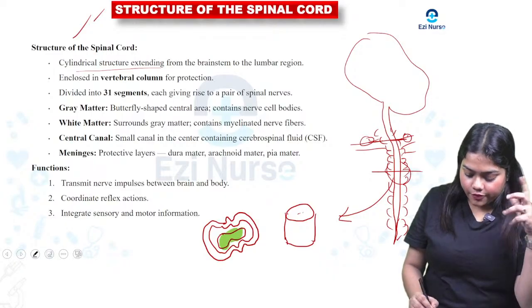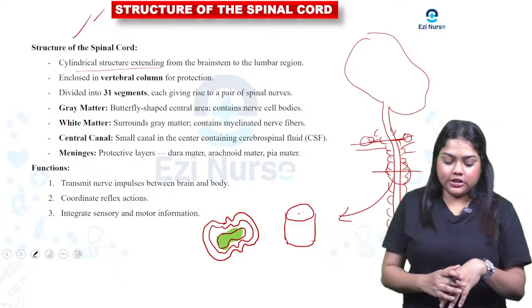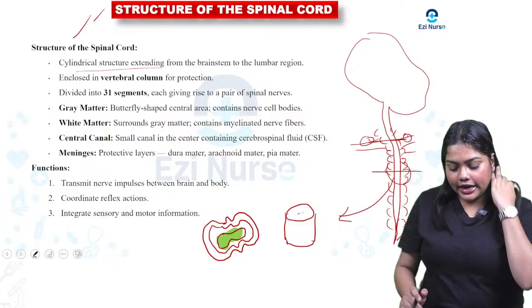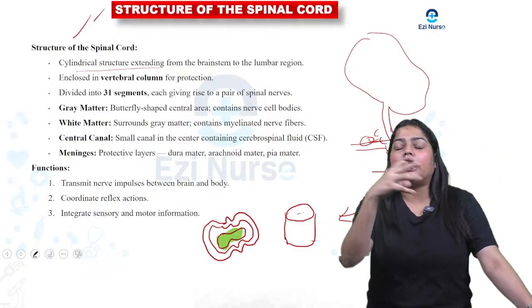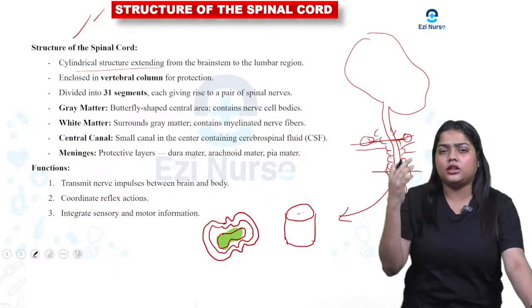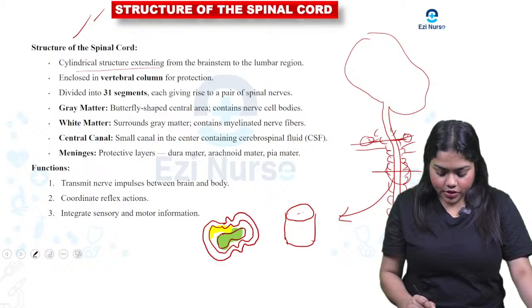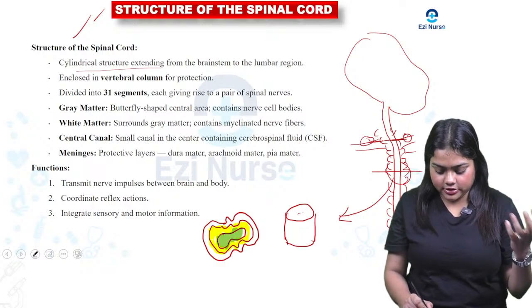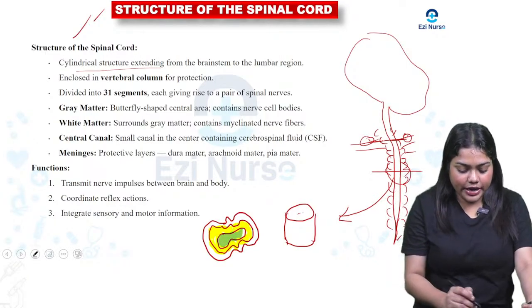Now come to the white matter. It is actually surrounding the gray matter, and it contains the myelinated nerve fibers. If you can remember the nerve structure, you can understand. If you have a problem, I will discuss it later, this too. So it will be covering the gray matter.